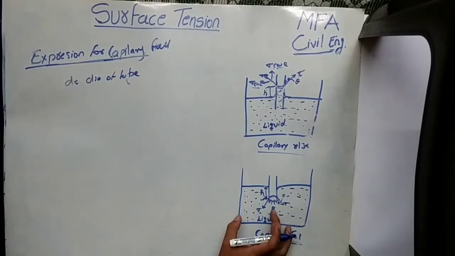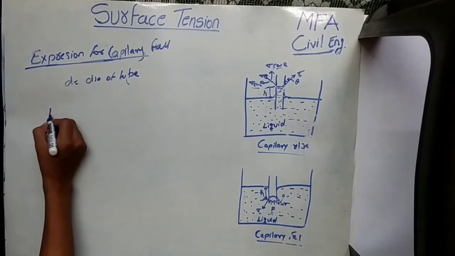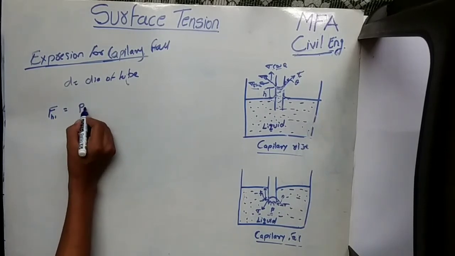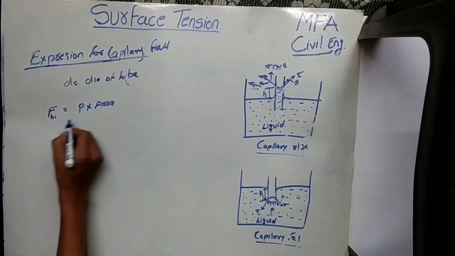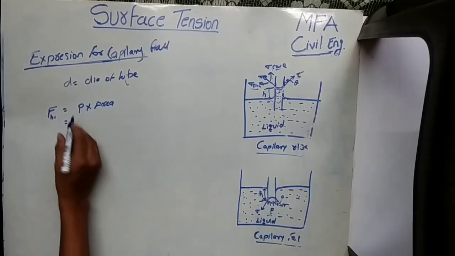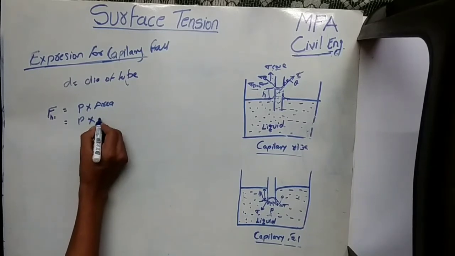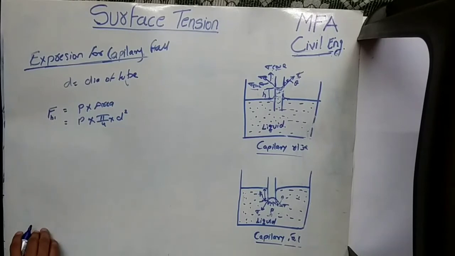Now the hydrostatic pressure acting at the bottom of the meniscus, hydrostatic force is equal to pressure into area. Area is pi by 4 into diameter square.